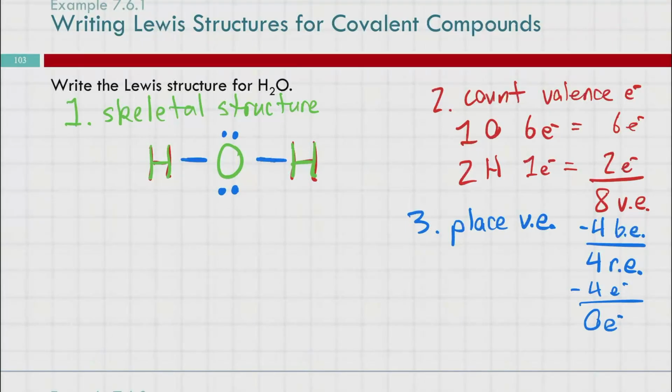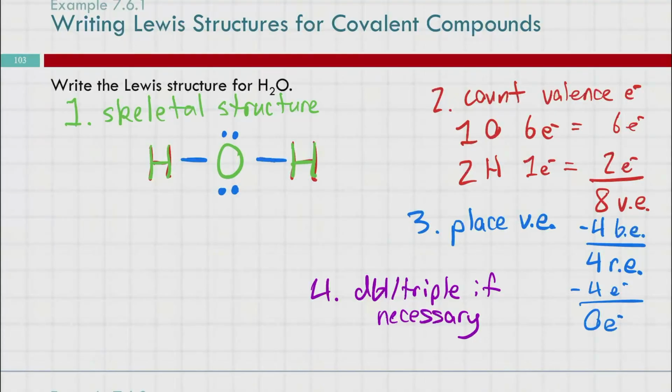And then our step 4 would be double, triple bonds as necessary. Let's look at our octets. Hydrogen has 1 bond. So hydrogens have their duets. Oxygen has 2 bonds plus 2 lone pairs.